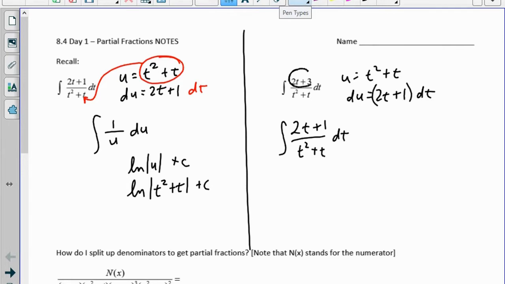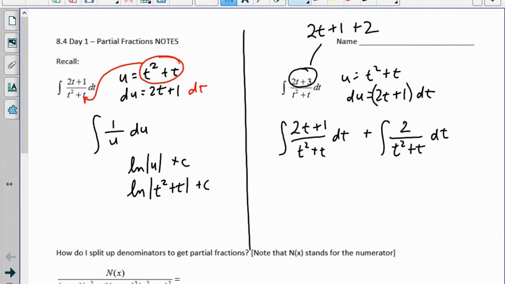And notice that this is the same thing as 2t plus 1 plus 2. So we could have the integral of 2t plus 1 over t squared plus t dt plus the integral of 2 over t squared plus t dt.